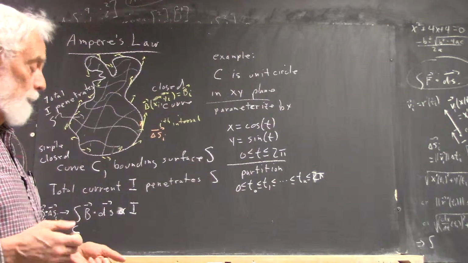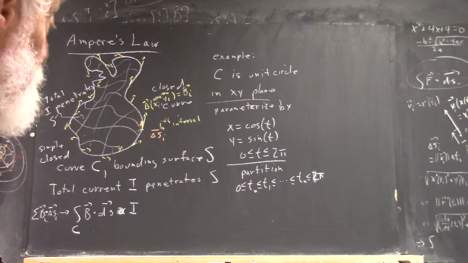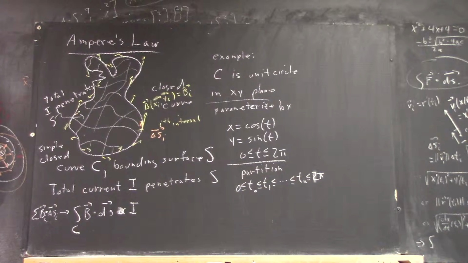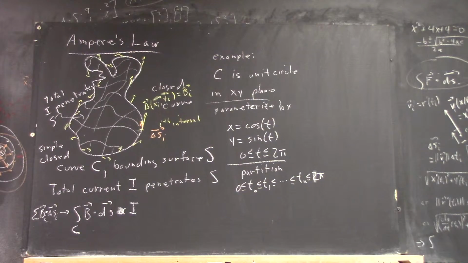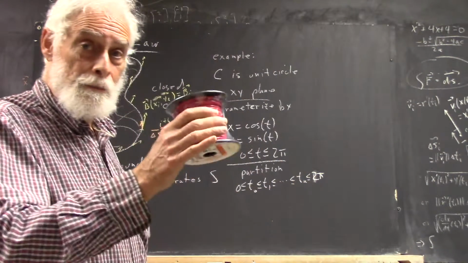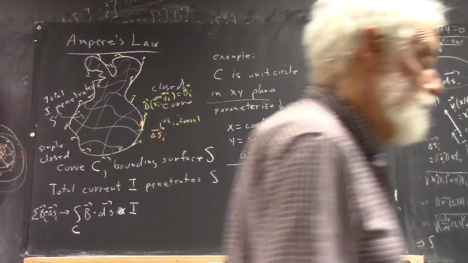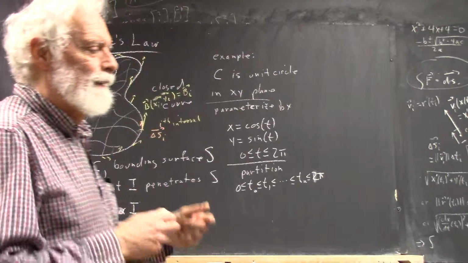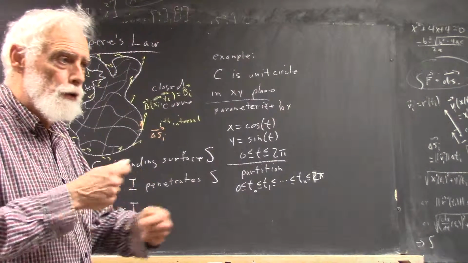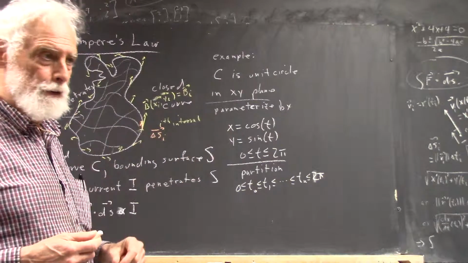Now we'll worry about what the proportionality constant is. That's just a constant. But we want to see how this applies to this, which can be modeled as a series of coils, but it can also be modeled as a solenoid.